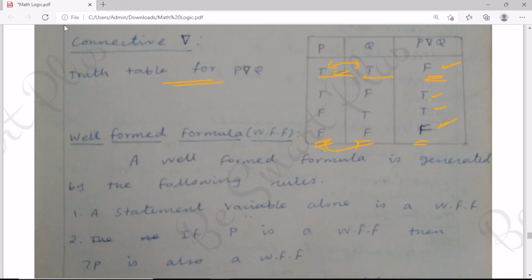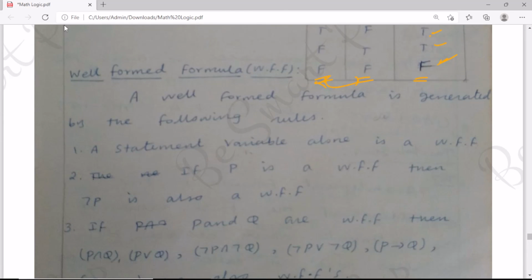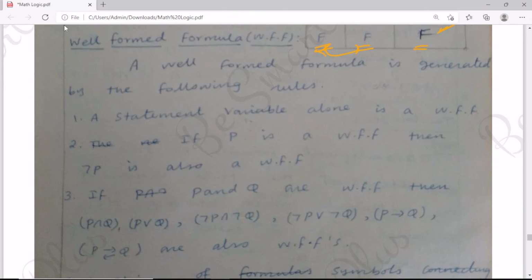Okay. Next, well-formed formula. A well-formed formula is generated by the following rules. A statement variable alone is a well-formed formula, that is, the statement variables like P, Q, R alone are well-formed formulas. If P is a well-formed formula, then negation P is also a well-formed formula. Like if Q is a formula, then negation Q and Q are all well-formed formulas.